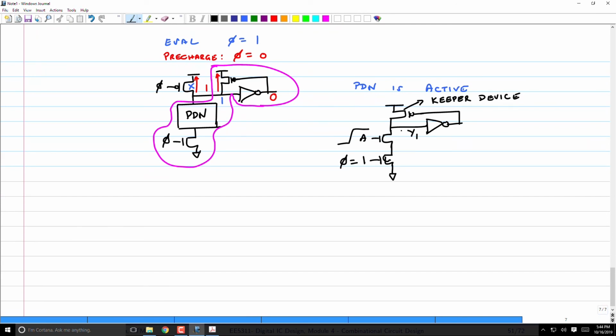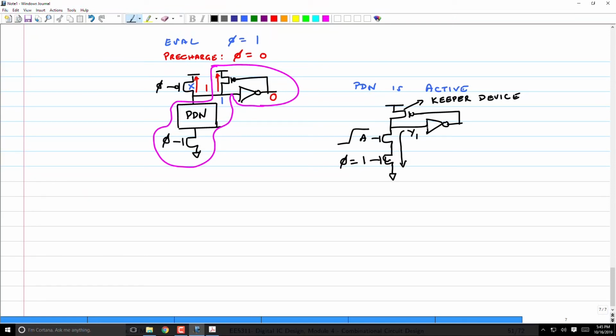There is a path which is trying to pull this down through the NMOS network, and a path from the PMOS network which is trying to pull it up. Right? So there is a fight. You have to size the devices so that the NMOS network can overpower that PMOS network.